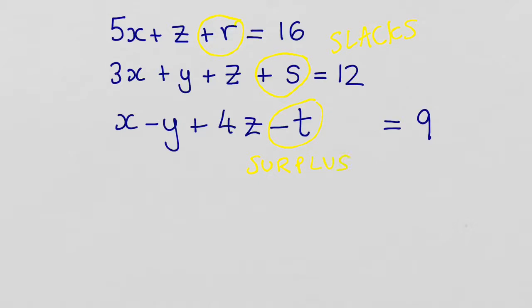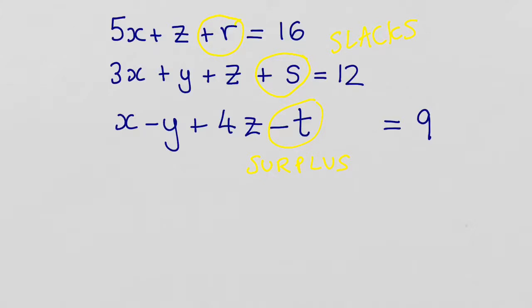That's a surplus variable. But when we do the Simplex method, we start off by assuming that x, y and z are naught. And if x, y and z are naught, that means I've got a negative value here. Well, that can't be right. I can't have a negative variable.